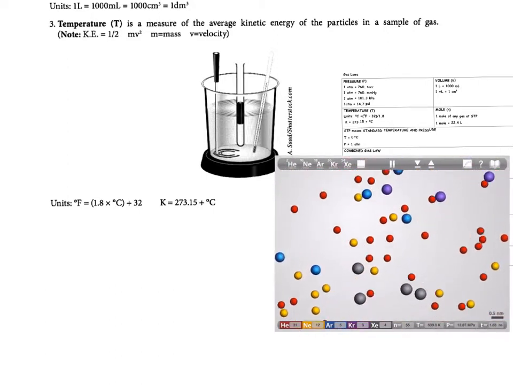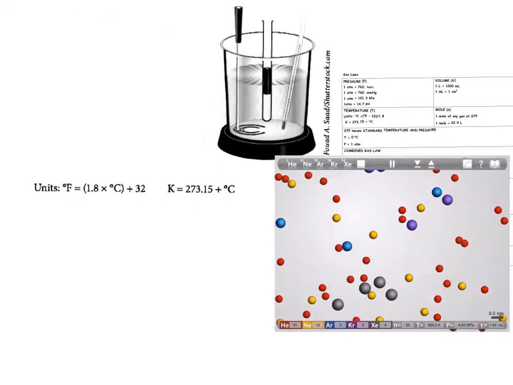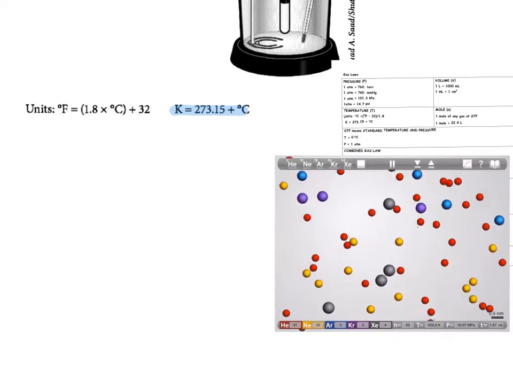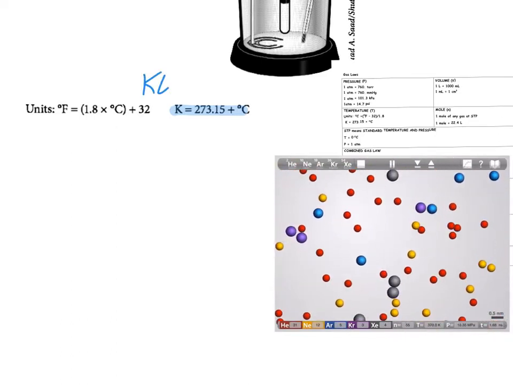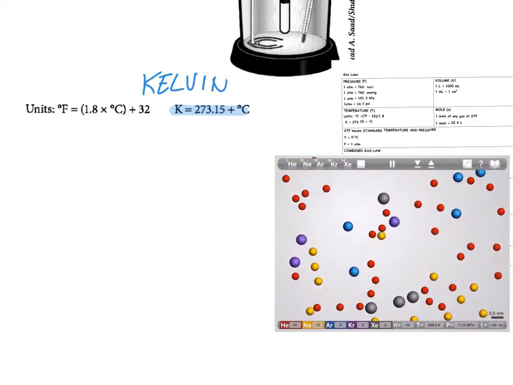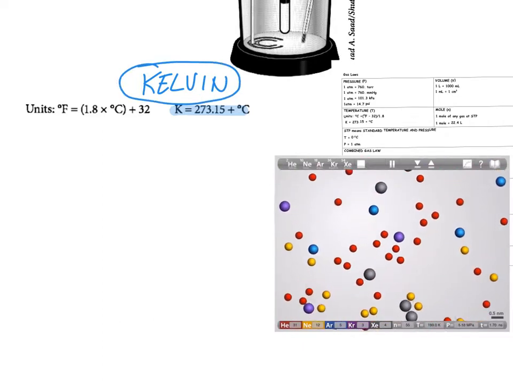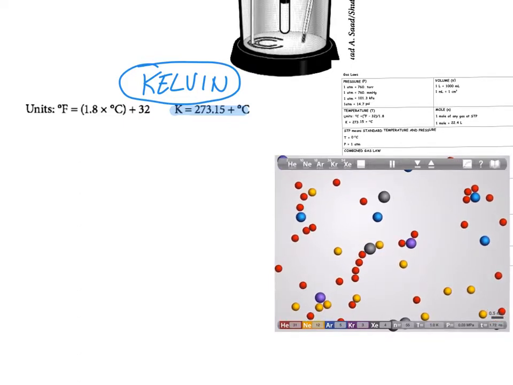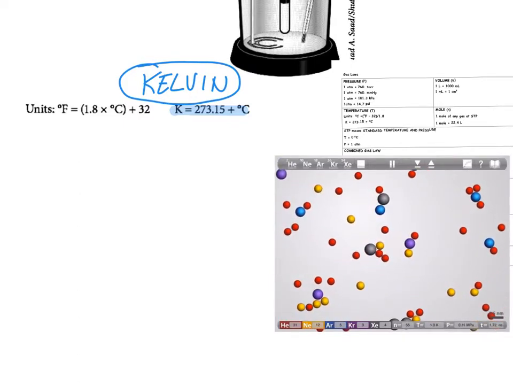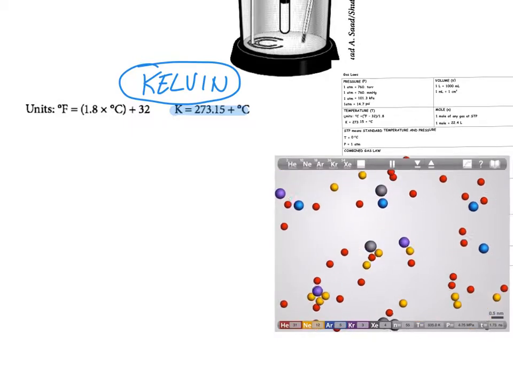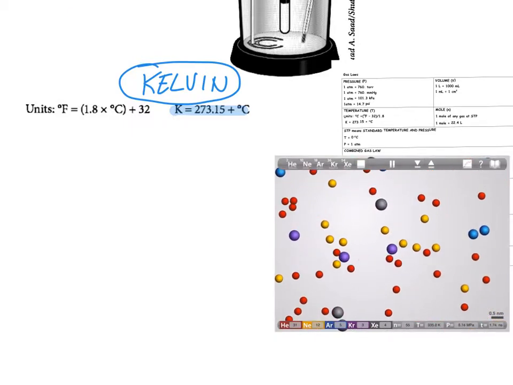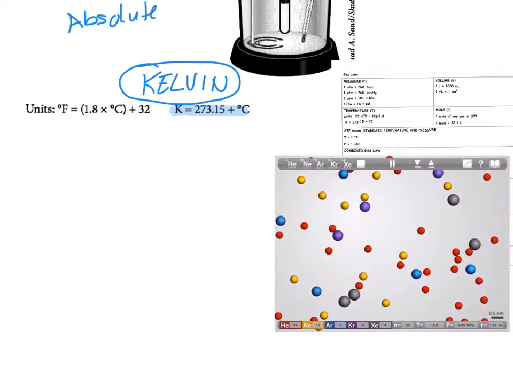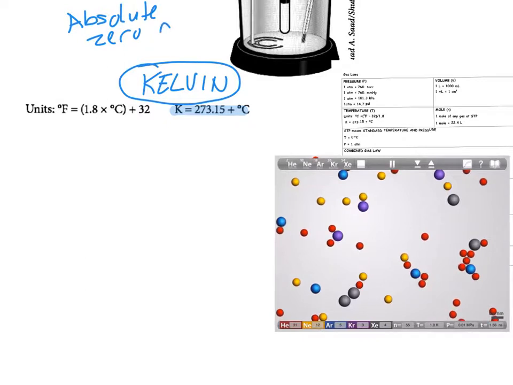One important thing to note with gases is that we are going to work primarily with a temperature known as Kelvin. A Kelvin temperature will be the most important temperature unit that we use with gases. Why is that? Well, Kelvin allows us never to have a negative temperature. In my modeling, if we bring the temperature down to the lowest temperature, absolute zero, as we talked about back in unit 2, that's when we are at 0 Kelvin.